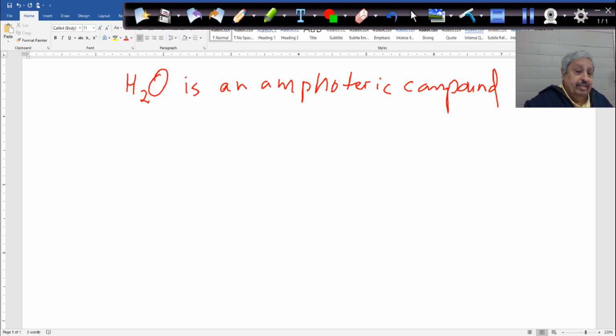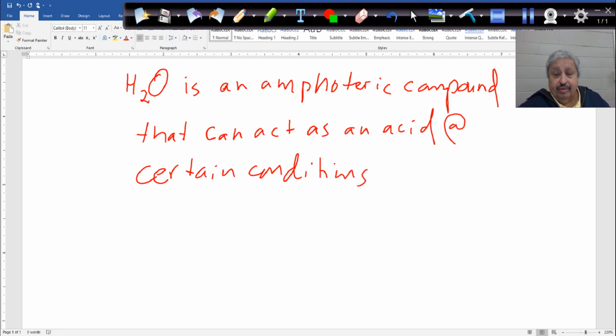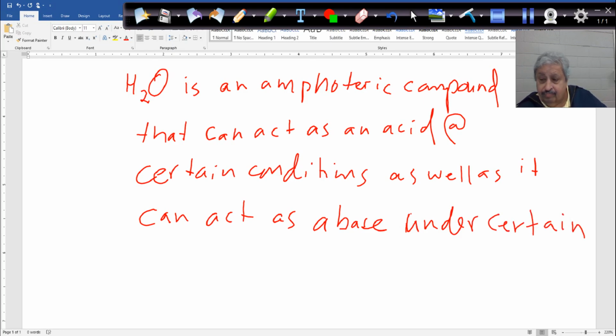So it means that H2O can act as an acid in certain conditions, as well as it can act as a base under other certain conditions.